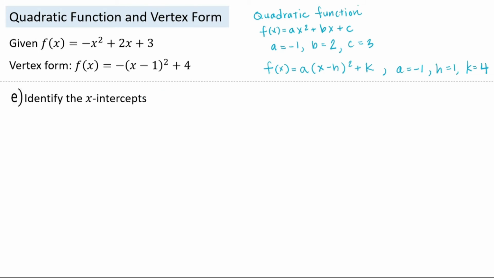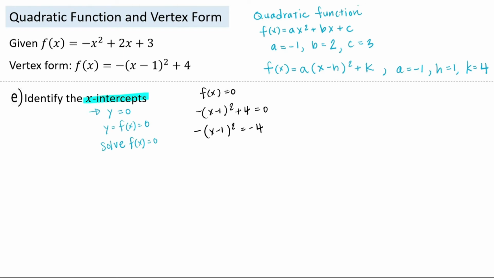Let's find the x-intercepts. At the x-intercepts, y values are equal to 0. So we want to solve f of x is equal to 0. We have negative x minus 1 squared plus 4. By subtracting 4 from both sides, we get negative x minus 1 squared is equal to negative 4.